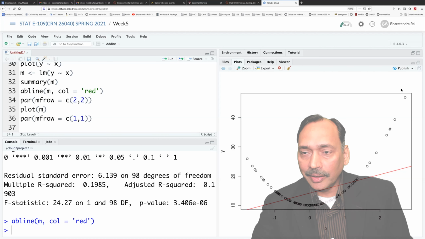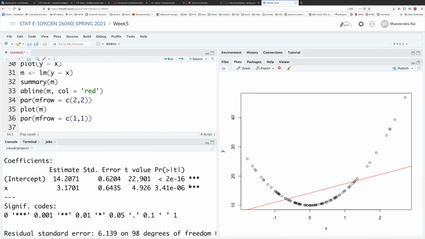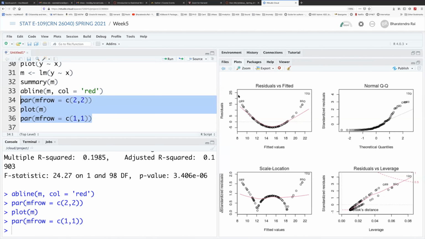So clearly here, building the model is not going to be useful. Although your R square is 19% and it says that slope and intercept are statistically significant, it's meaningless. It's not a good model. And you can see very clearly some kind of pattern forms in the plots indicating that the model is not appropriate. Assumptions are getting violated.